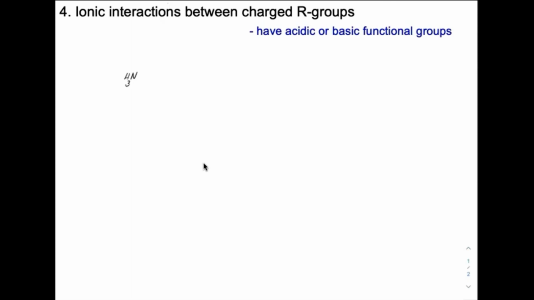So let's draw another. I'm drawing another one of these polypeptides. And think about what we mean by an ionic interaction between charged R groups. I don't know why I made that so big, but I did. All right, make a big R group then.